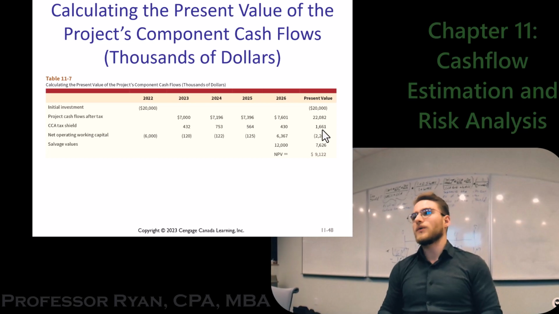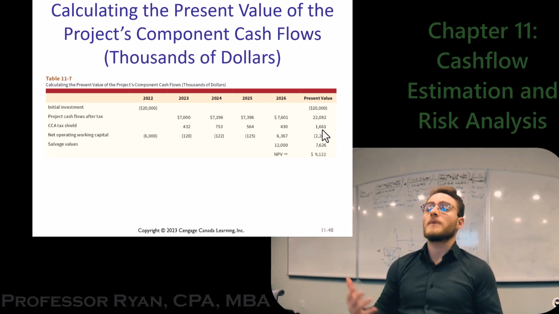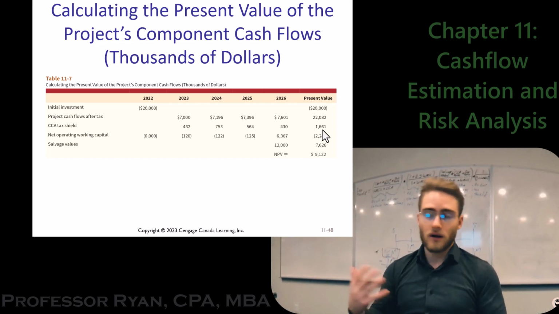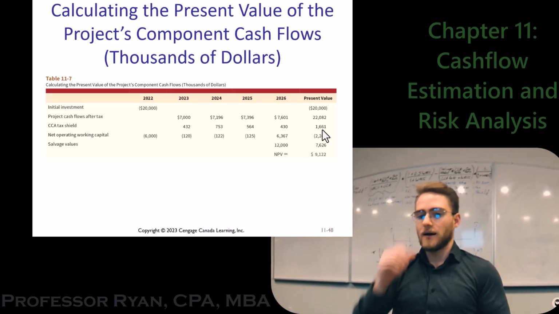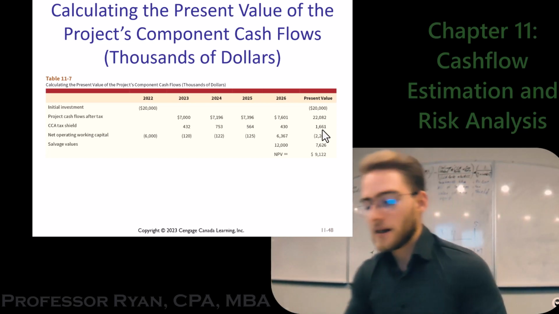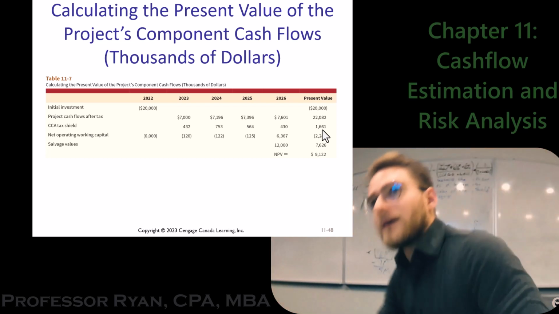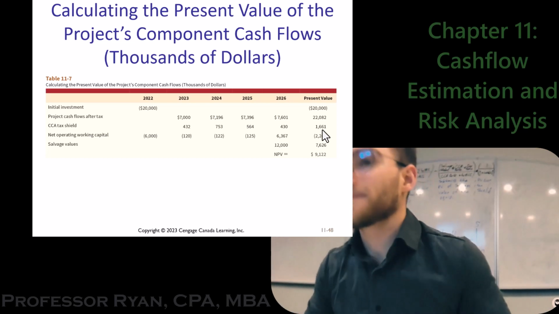So you can basically walk up to someone and say, yeah, we're spending 20 million in today's dollars, but in today's dollars, we're saving $1.661 million in taxes because of the deductions we'll get from these capital assets, right? And that is what this formula calculates, in a hopefully easy to understand way.